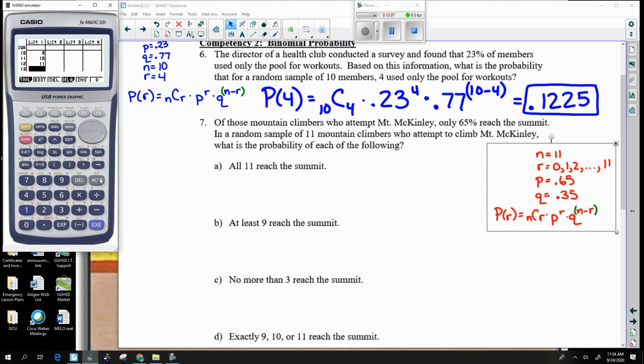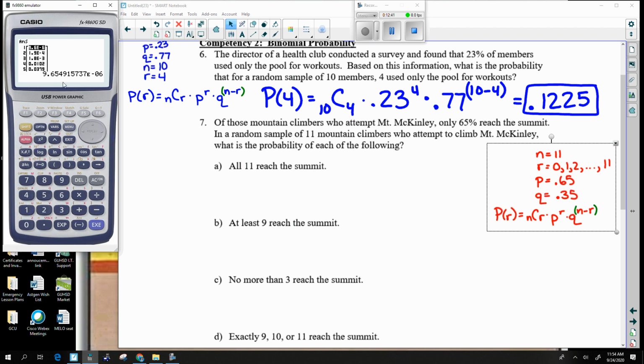All right, and now I plug and chug into that equation, which is nCr, and again, r is now list 1, times p, so the p is 65% to the r, list 1, times q, which is 35%, to the n minus r, again, r is list 1.